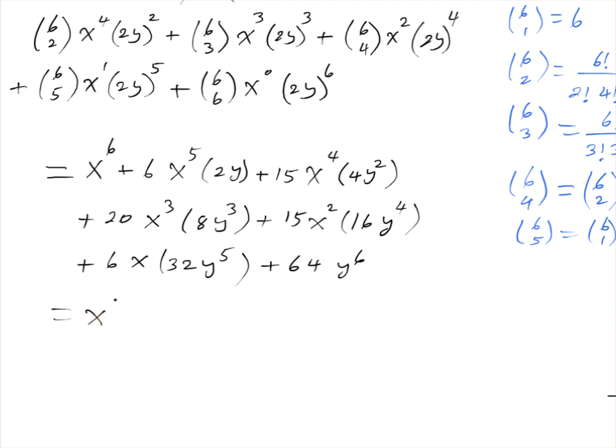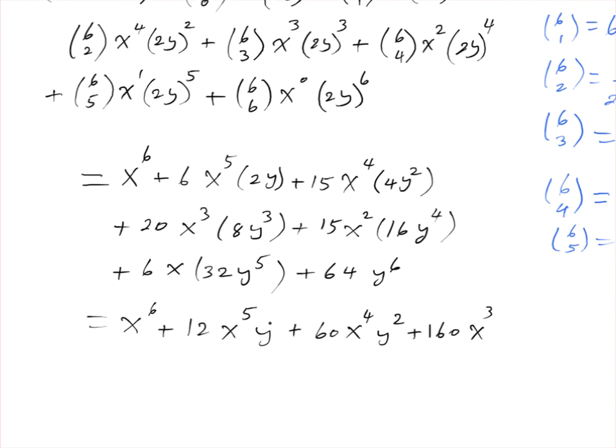So here is x to the 6th plus 6 times 2 is 12 x to the 5 times y, plus 15 times 4, which is 60 x to the 4th y squared, and then plus 20 times 8 is 160 x cubed, and then you have y to the 3rd power, right?